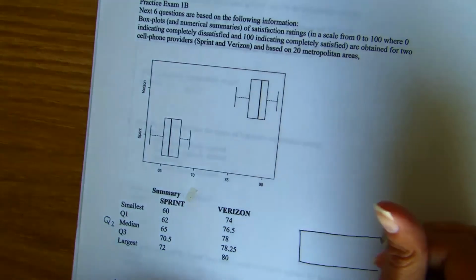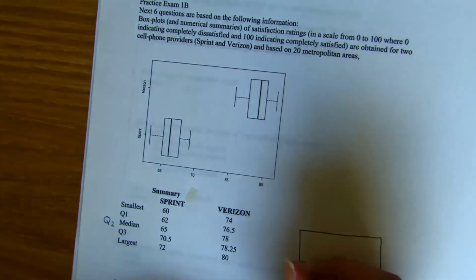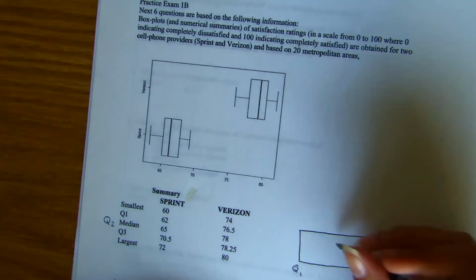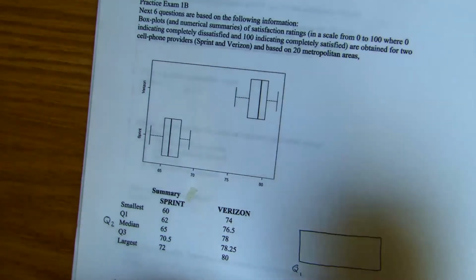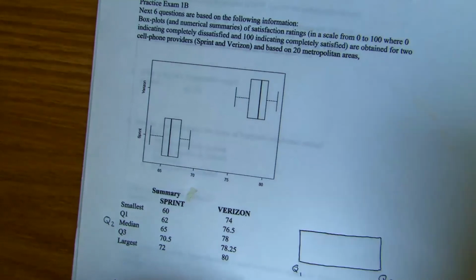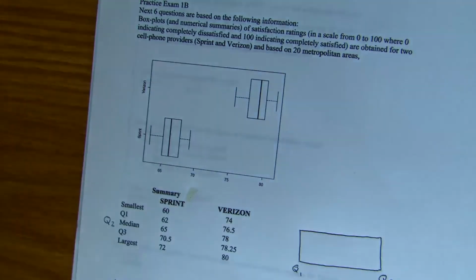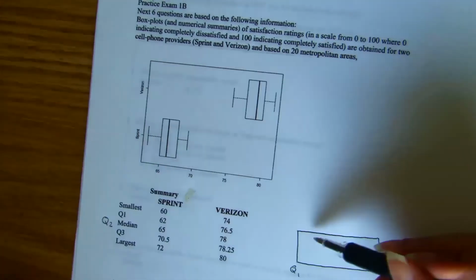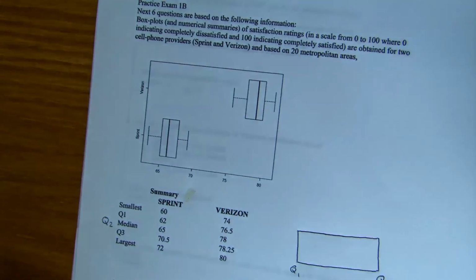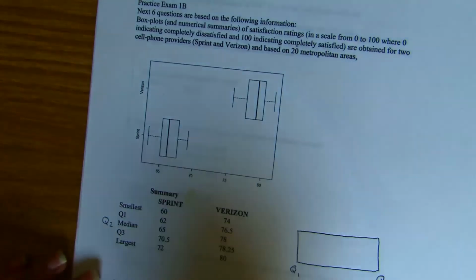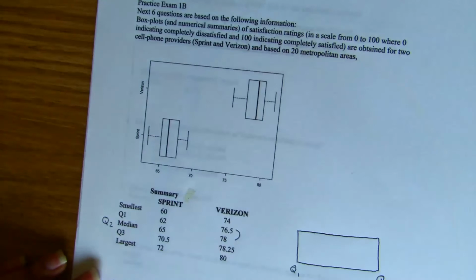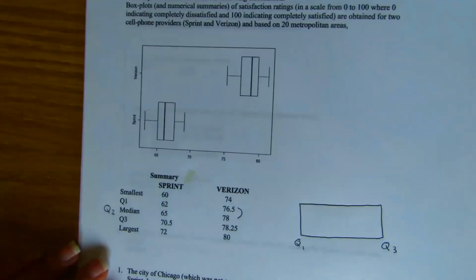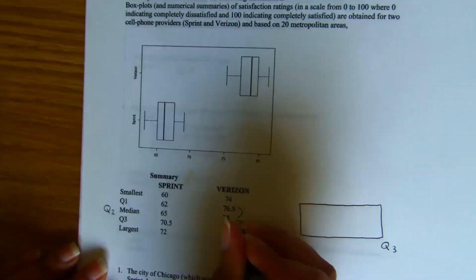Here is our Q1, our Q2 is going to be somewhere here, and here's our Q3. We need to figure out if our median, our Q2, lies more to this side or this side. Then we can determine if it's positively or negatively skewed. The best way to do that is to calculate the distance between these two values and the distance between these two values.